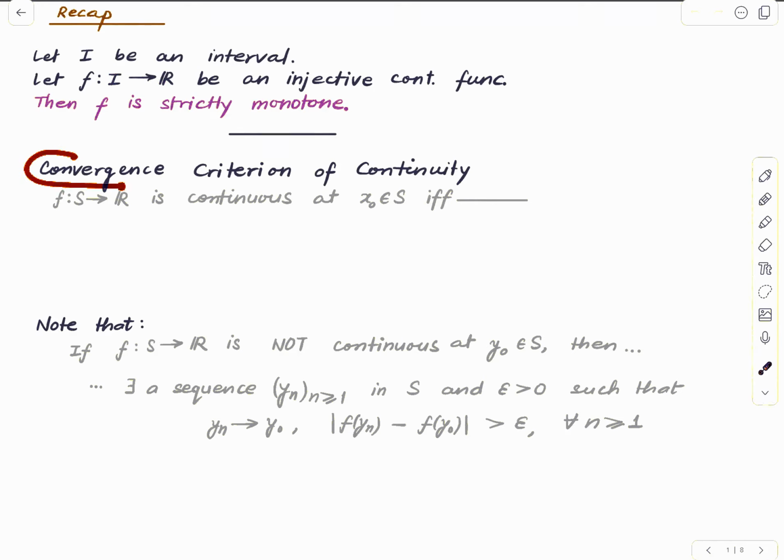Okay, let's recall the convergence criterion of continuity. Suppose we have a function f from a set S to the reals, where S is a subset of reals.